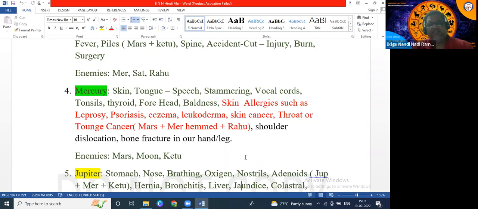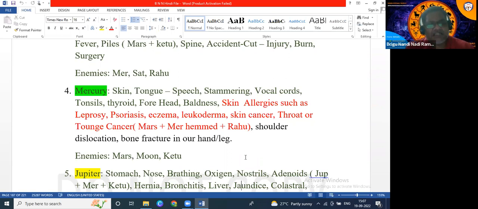So the native is treated as bald. And skin related: all allergies under skin like leprosy, psoriasis, eczema, leukoderma, skin cancer. So all these health problems come under skin. So Mercury is a skin governing planet.